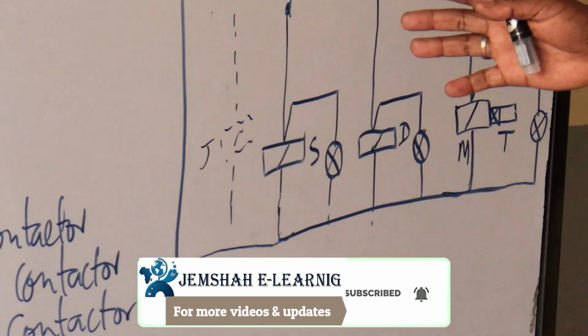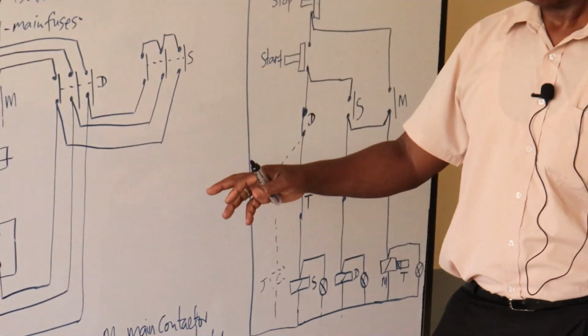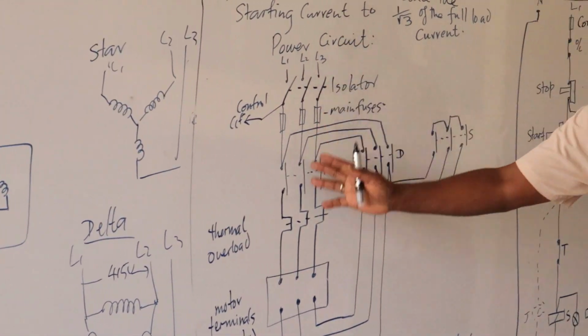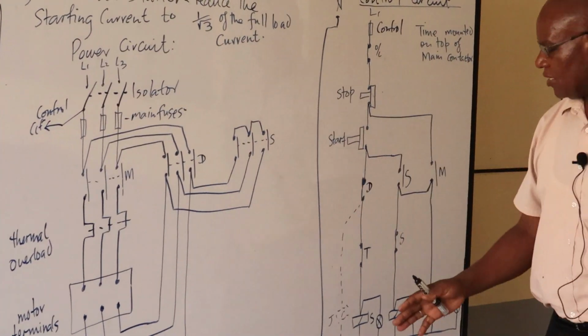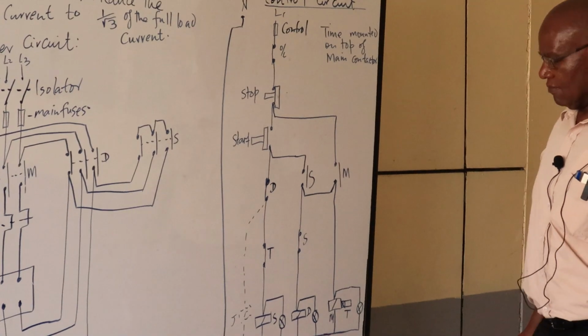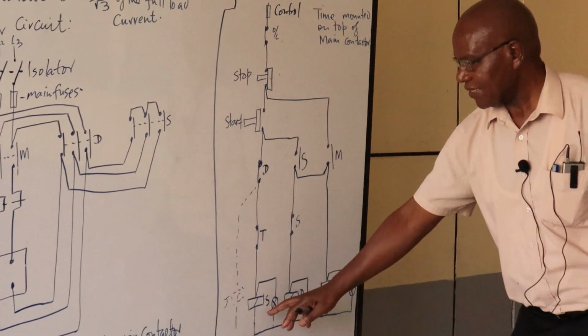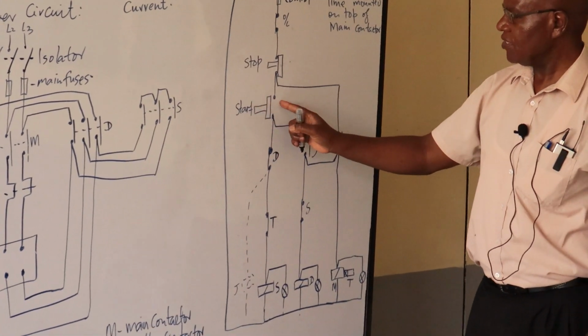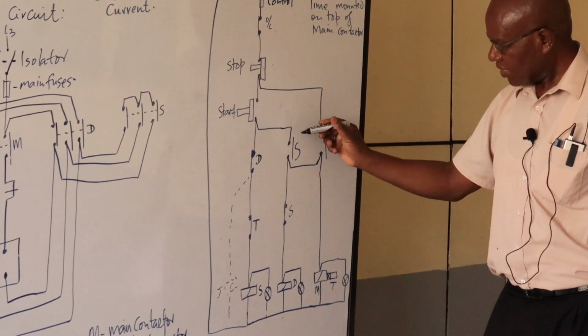Normally in my design here, I want to make sure that the star connection is made before I connect my power supply. So the first contactor to pick will be my star contactor.